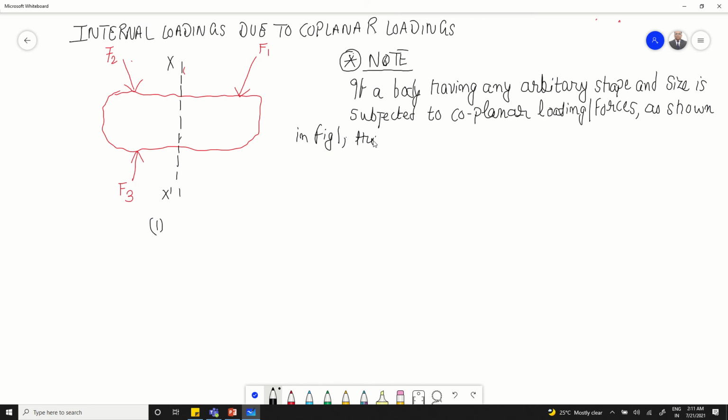at any section of this body, you take either this section, this section, or this section.